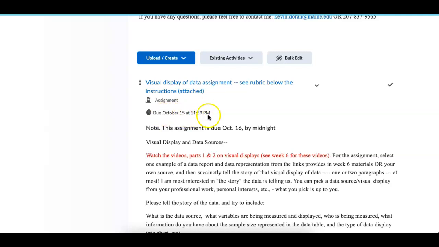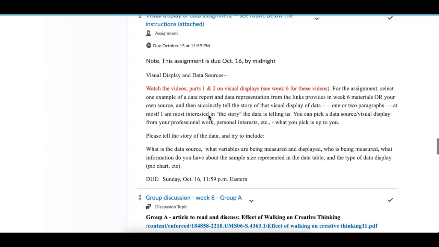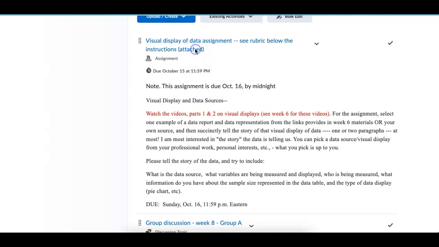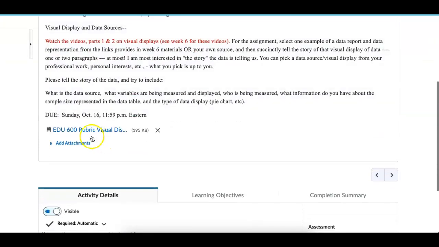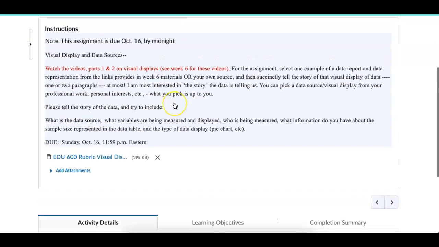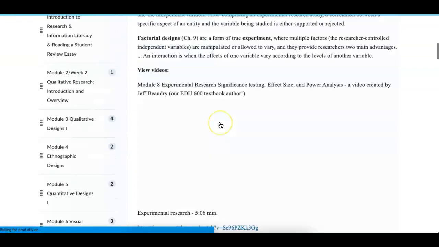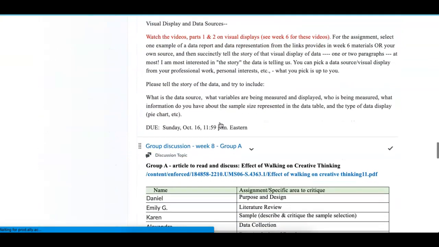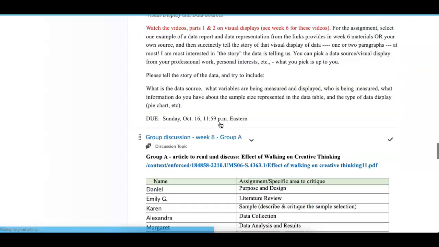That's due tomorrow by midnight. If you need a little extra time, please let me know. I'll just click on this assignment. Here's the rubrics. So that's where you can find the rubrics. That's the visual display assignment.